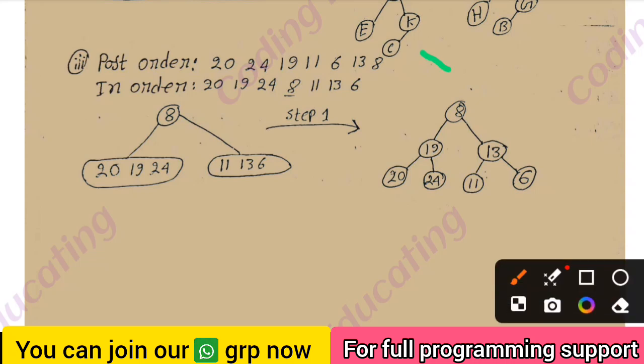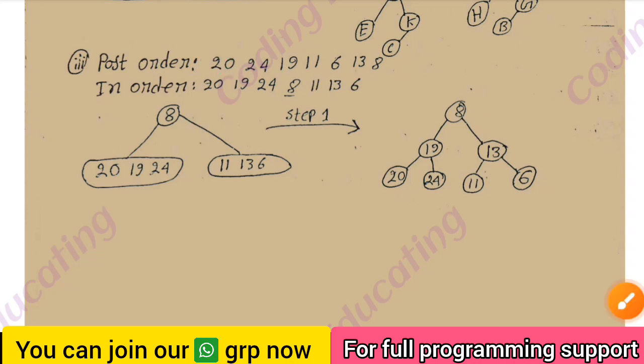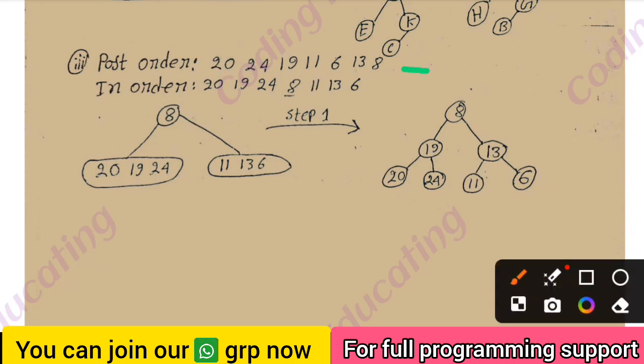So at first 8 is here, so that's why 8 is the root node, and similarly we can find 8 in order, and 11 13 6 is on the left side, and 20 19 24 is on the right side. Then 20 19 24: you have to go right to left.